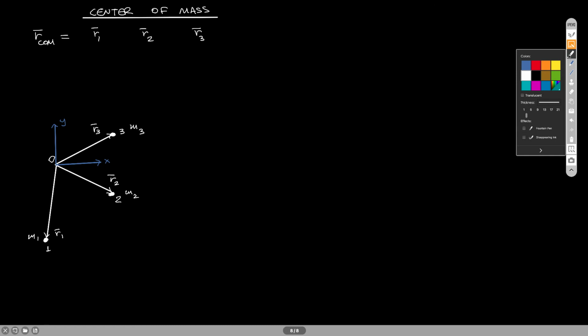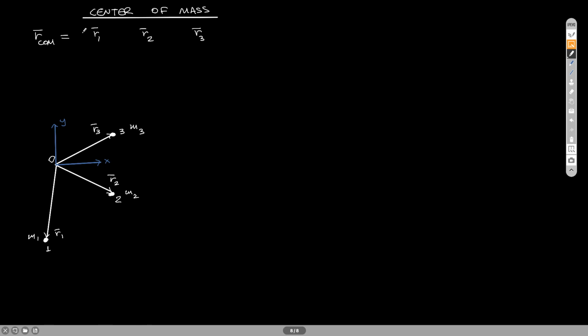So I'm gonna assign a weight to every position, and that weight depends on the mass that I have at that point. Now this will allow me to say if m3 is much greater than the other two masses, then the position of object 3 is gonna have more weight in the calculation of the center of mass. And I'm adding those three.